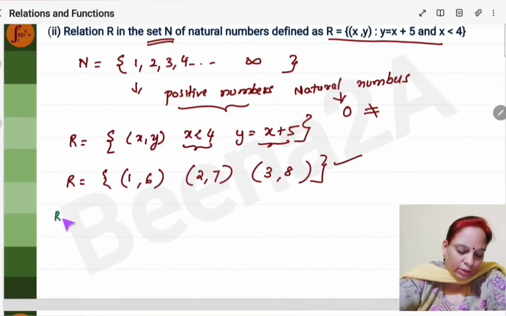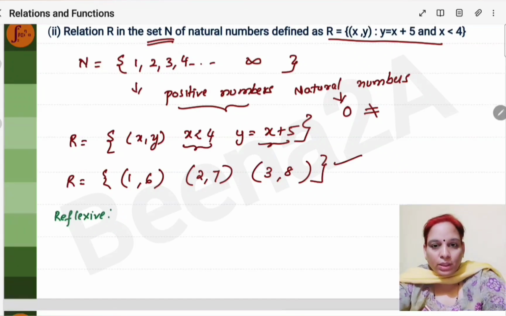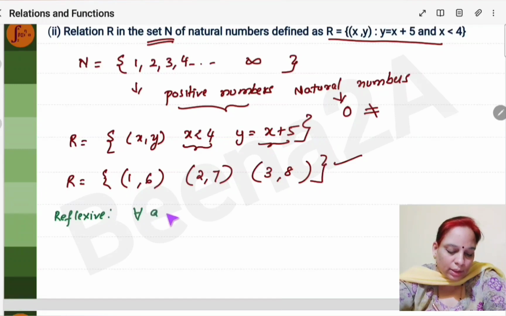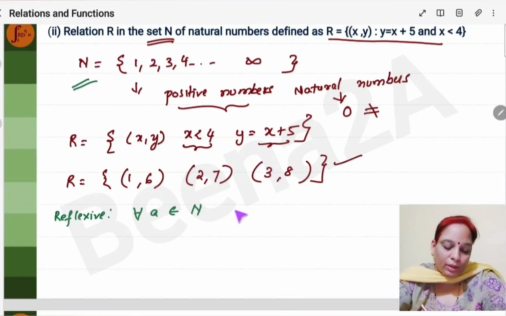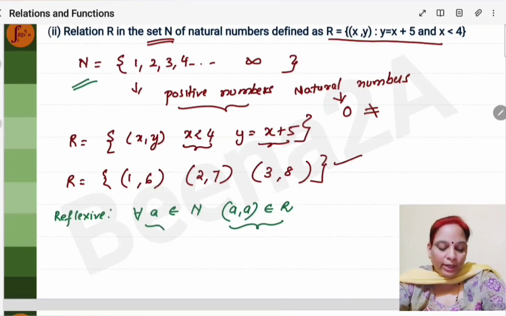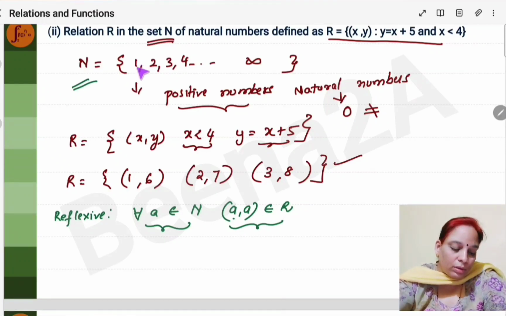So first one is reflexive. What is the condition for reflexive? For every element a belonging to set N, (a, a) should belong to R. Now here you have 1, so you should have (1, 1).